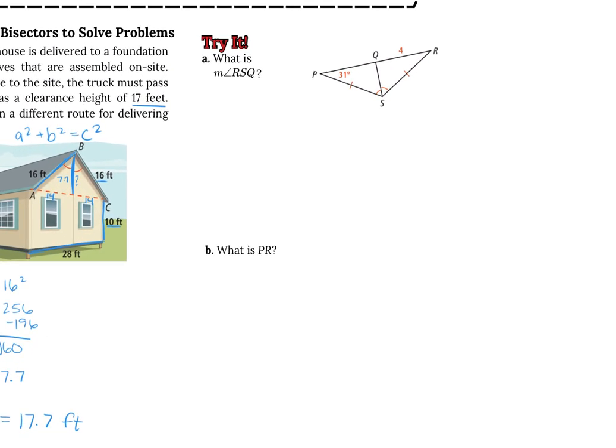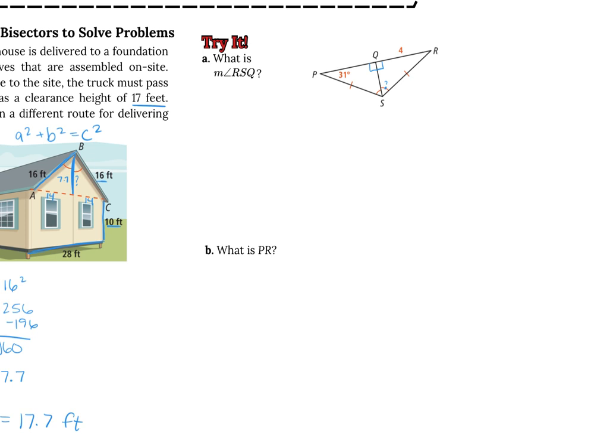All right, try it. What is the measure of RSQ? We're trying to find that angle measure. We know that this is 31 degrees. We're creating a perpendicular bisector, so those would both be 90 degrees.